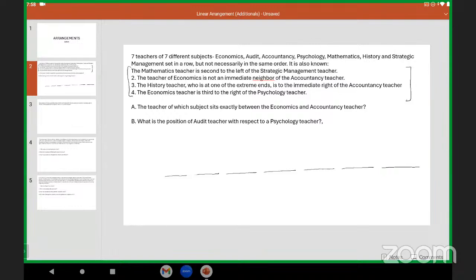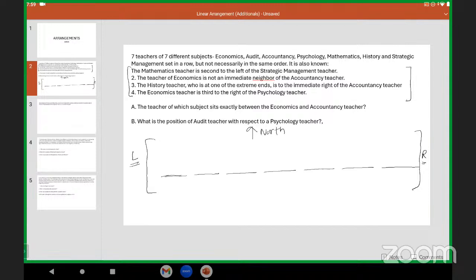So we'll start with point number one. The mathematics teacher is second to the left of the strategic management teacher. So this is our set. Let us say these all people are facing north. When someone is facing north, this will be your left, this will be your right.